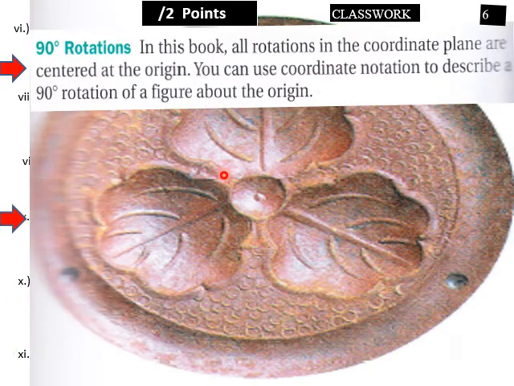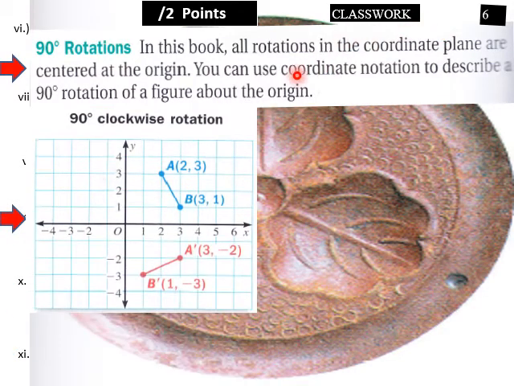Okay, into our next page of our classwork, page 6. 90 degree rotations. All rotations in the coordinate plane are centered at the origin. You can use coordinate notation to describe a 90 degree rotation of a figure about the origin. So this would be a 90 degree clockwise rotation here. You have A prime would be (3, -2), and then (1, -3) from this situation.